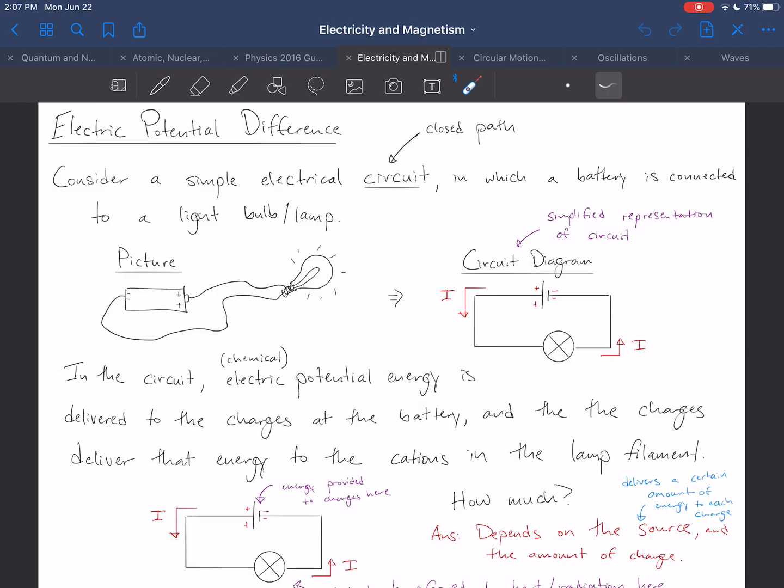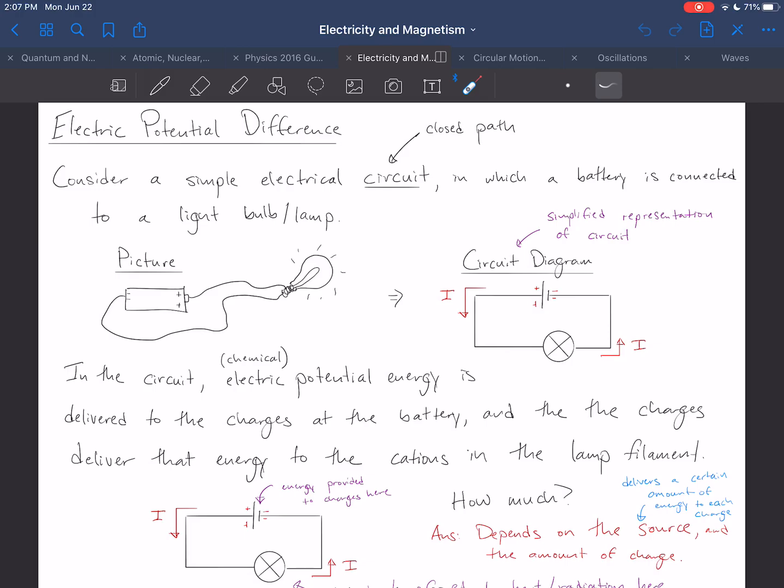So in the circuit, electric, or chemical, sometimes we call that chemical, but it's really the same thing. Remember that chemicals are just related to the electrons and protons, in particular ions. So the electric potential energy that we just discussed as an idea is delivered to the charges at the battery.